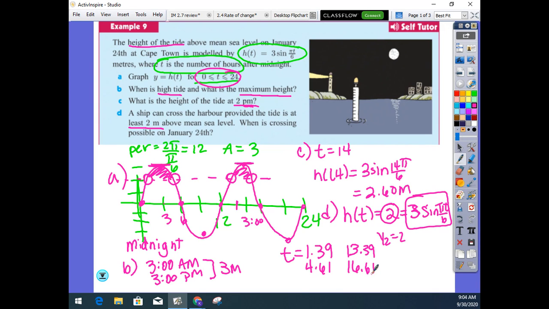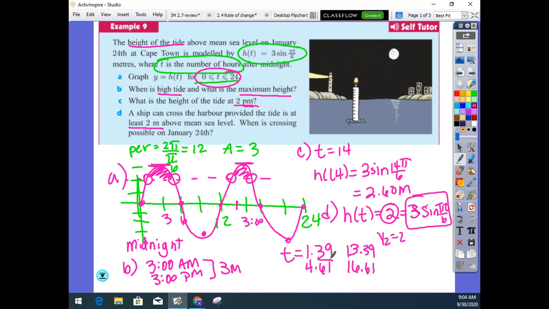These are the 4 intersection points you'd find using your calculator. Now we have to be careful. Does this make sense for time? T is the number of hours after midnight. So we have to find the corresponding time.